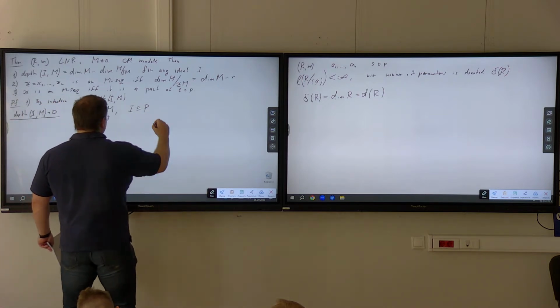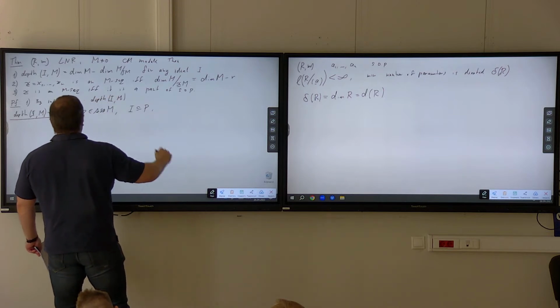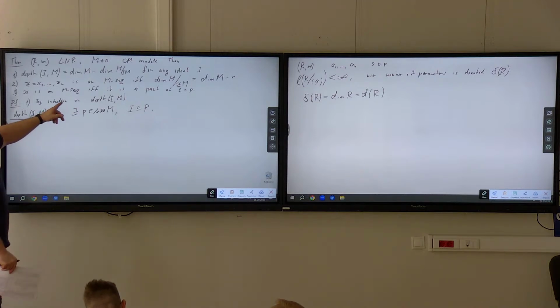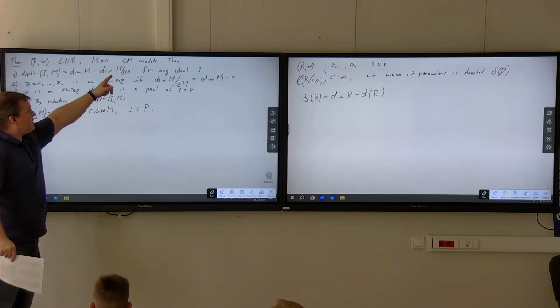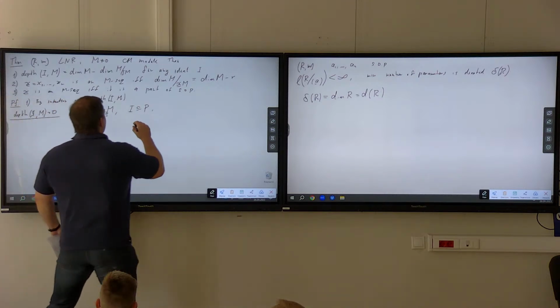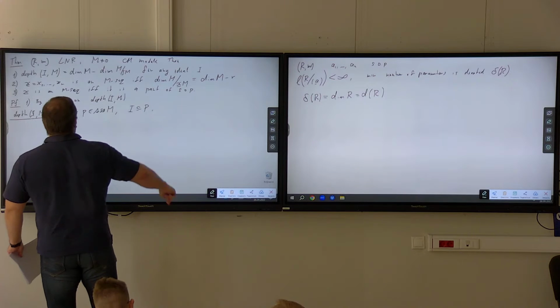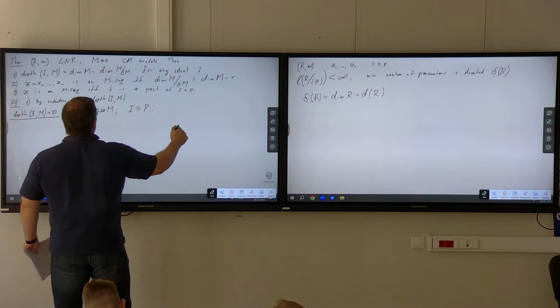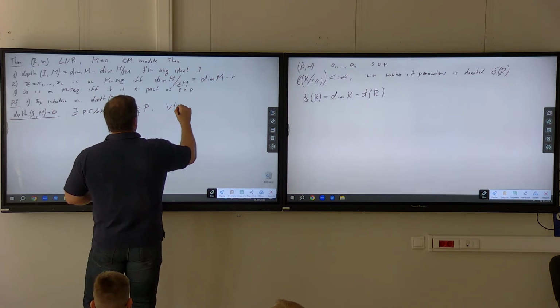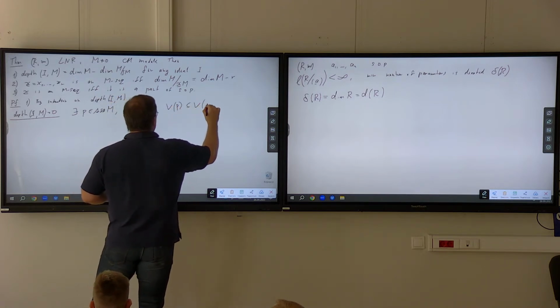Right? So what I need to show in this situation is that the dimension of M and the dimension of M modulo IM are the same. In some sense, this is completely trivial. It's nothing really to prove, because I have this associated prime that contains I, and then I can say that the reverse inclusion holds for the vanishing sets.